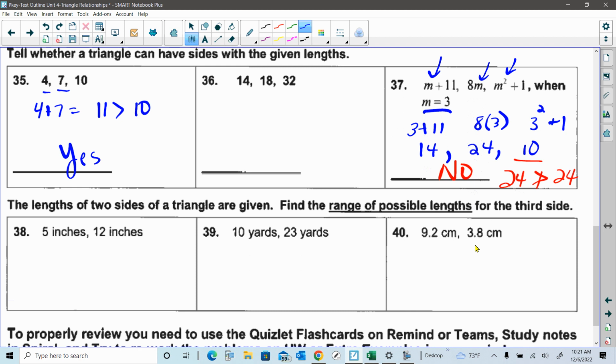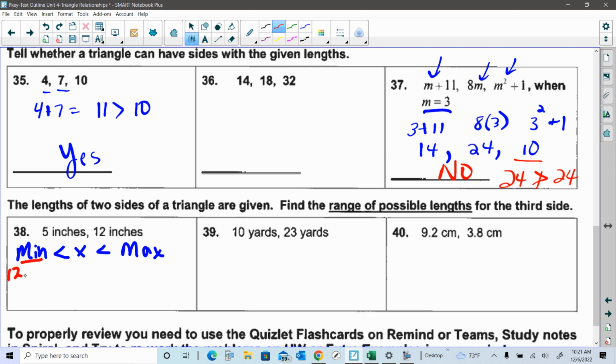Your range of the third side should be an inequality. That inequality should always be the min, which is less than x, which is less than the max. To get the minimum number, what do we have to do with the 2 numbers? We have to subtract.